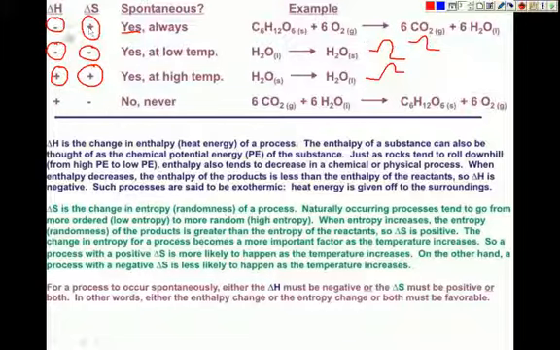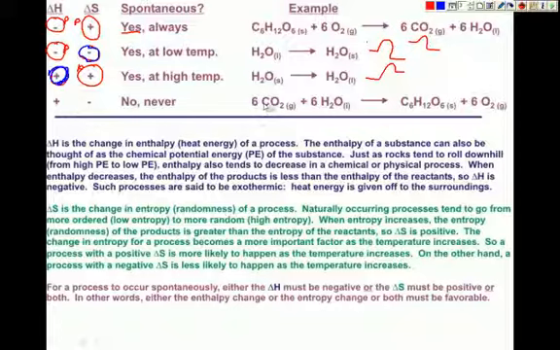So again, everything here is pushing it towards products. This is not pushing it towards products, and this is also not pushing it towards products. Okay, we'll circle those ones in blue. So again, products, products, products, products, and the blue ones are pushing towards reactants.